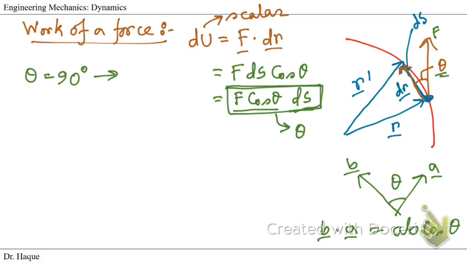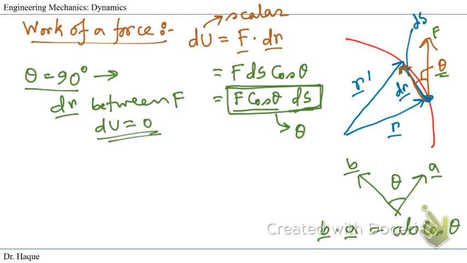So if the angle theta between the force and the displacement dr is 90 degrees, then the work is 0, so there is no work being done.